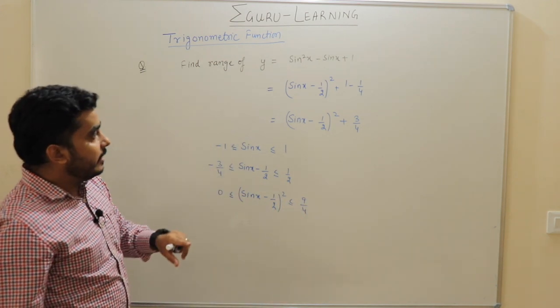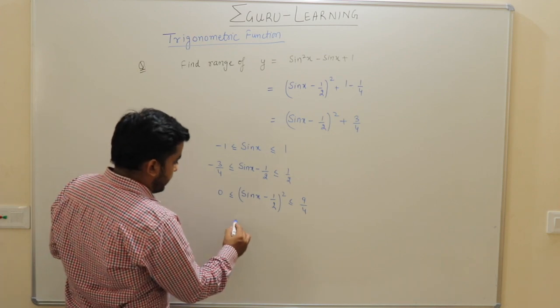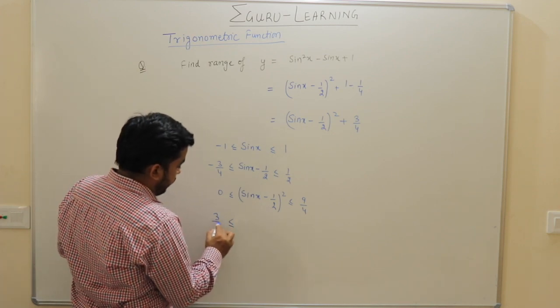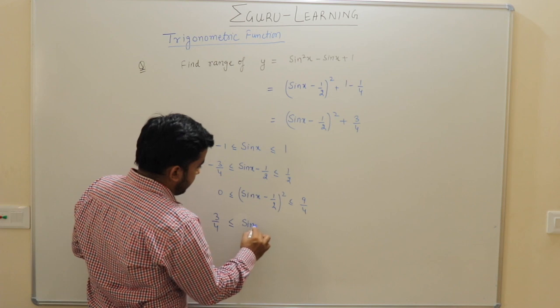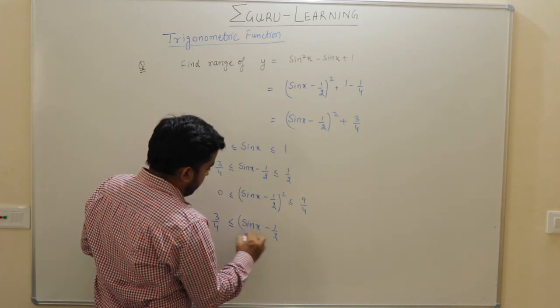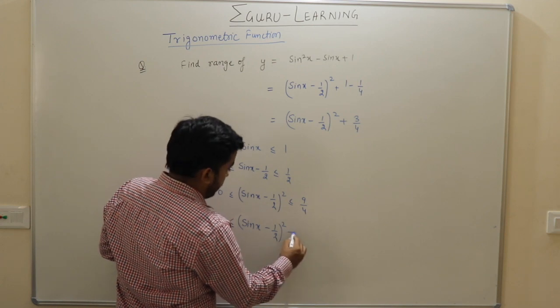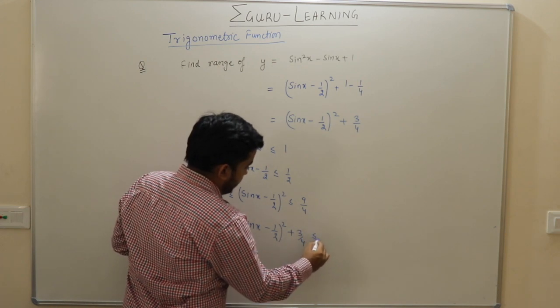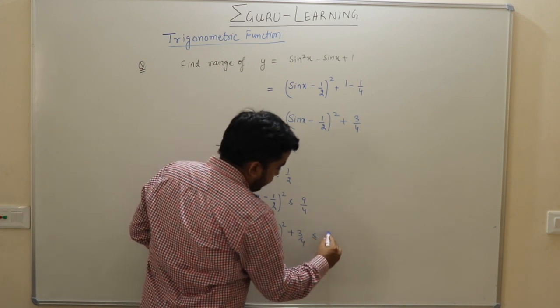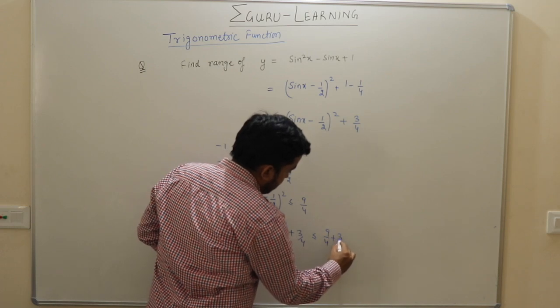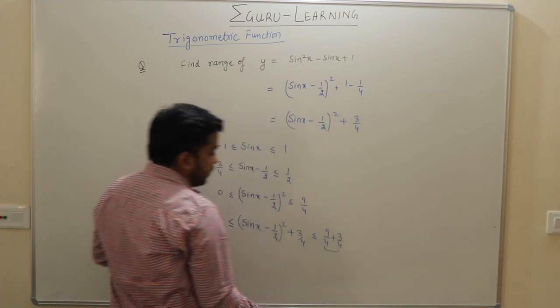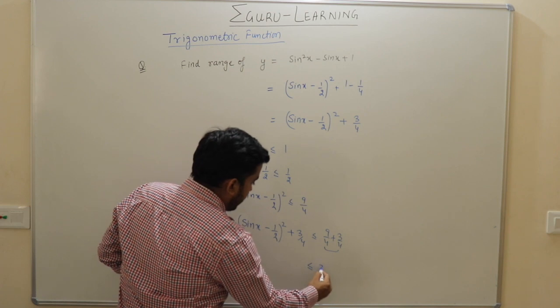Okay, now adding 3/4 to both sides, we have (sin x minus 1/2) whole square plus 3/4 lesser than or equal to 9/4 plus 3/4, which is 12/4, that is 3 only.